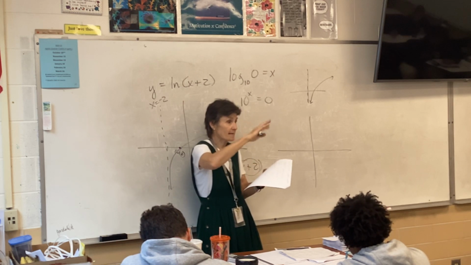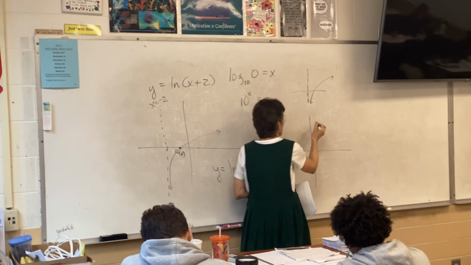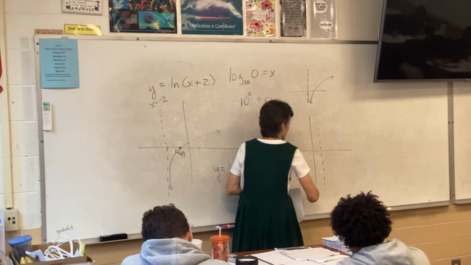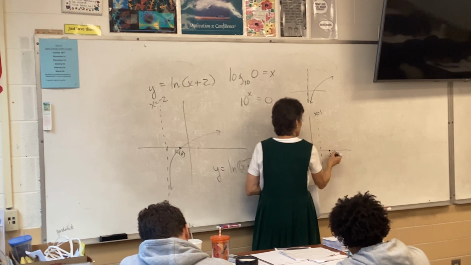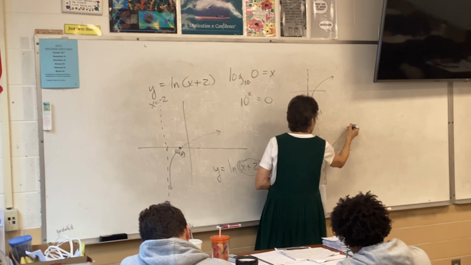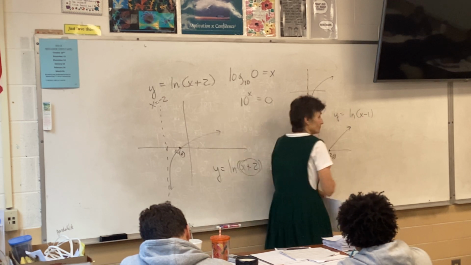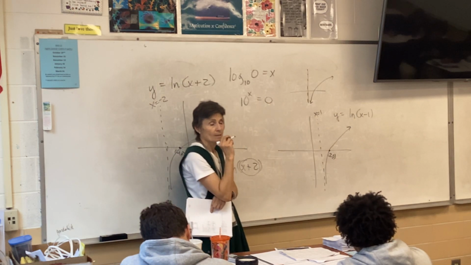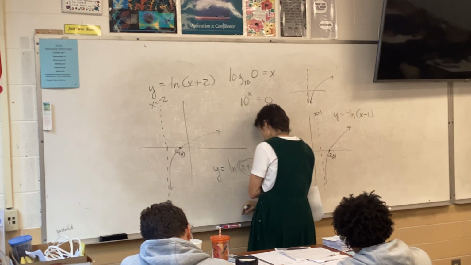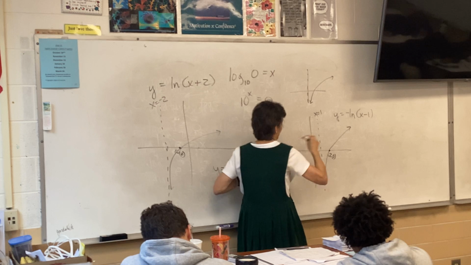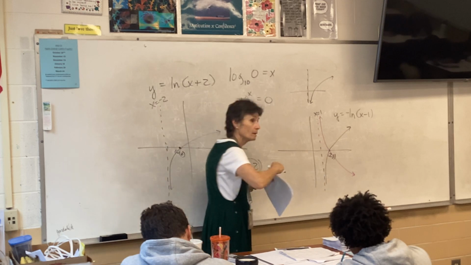So this is going to go upside down, and what else? It moves right 1. I'm going to do that first. So I've got my asymptote now at 1 and my intercept at (2, 0). Would you agree this is a picture of ln(x - 1)? Now I have to make it negative, which means turn it upside down.